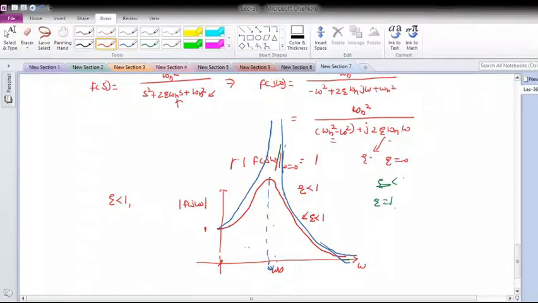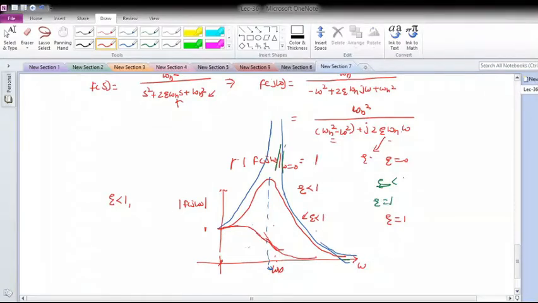Okay, now what if the zeta is equal to 1? So there I will not get the peak, but there I will get the flatness sort of thing here, which is monotonically decreasing this way. Okay, so it is somewhat like this.